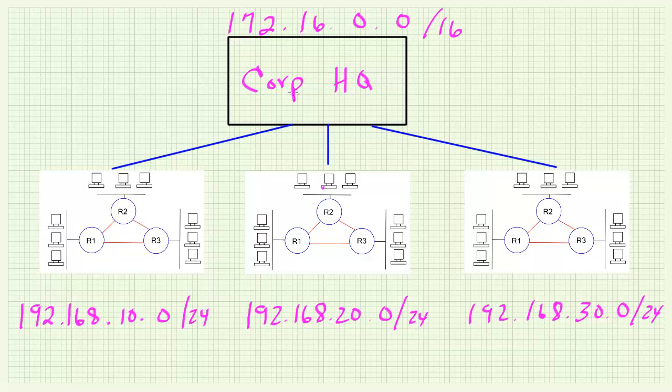Maybe it's a large campus deployment with a data center. And let's assume we've got some additional network connectivity going off to the side over here. It doesn't really matter what it is or where it is. Perhaps it's a manufacturing facility or a partner facility. Doesn't matter, just some separate piece of network connectivity branching off from the headquarters network.